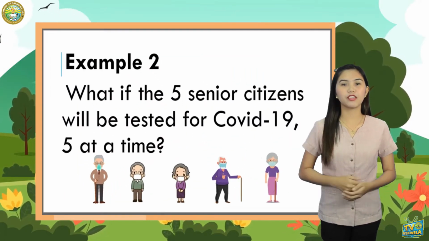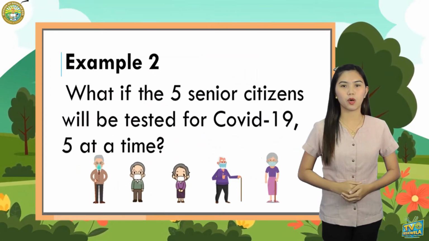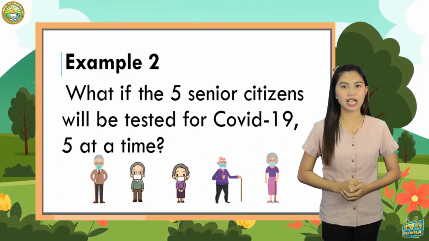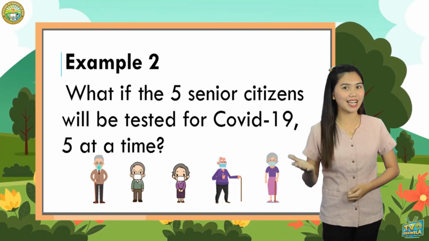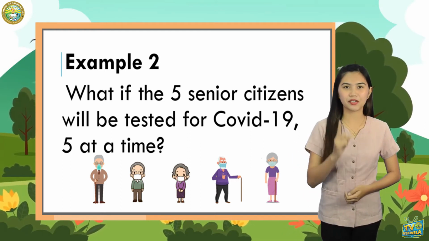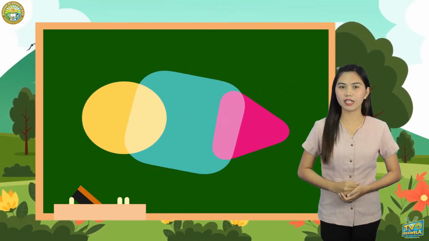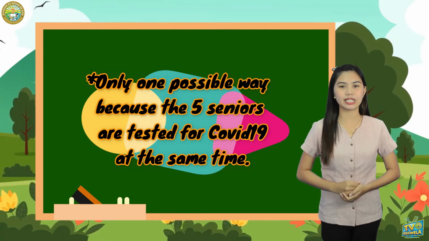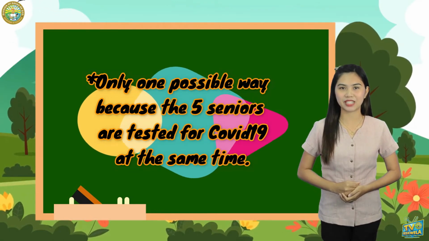What if the 5 senior citizens will be tested for COVID-19 5 at a time? Can you guess? Correct! Only one possible way, because the 5 seniors are tested for COVID-19 at the same time.